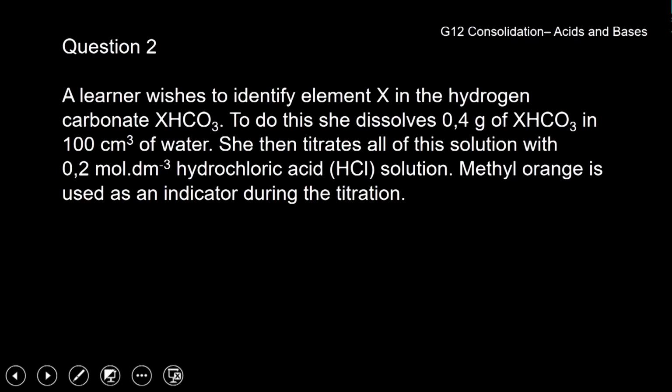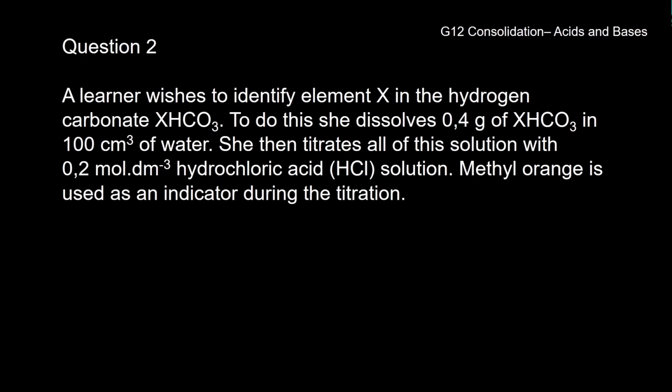Let's continue. This question is fun. I love this question. It's a whole lot of stoichiometry all thrown in with our knowledge of acids and bases. We are given an element X which is unknown, and this learner wants to identify what element X is from this compound, XHCO3.